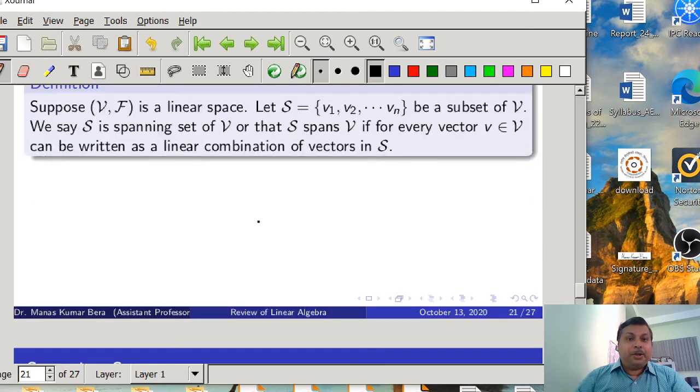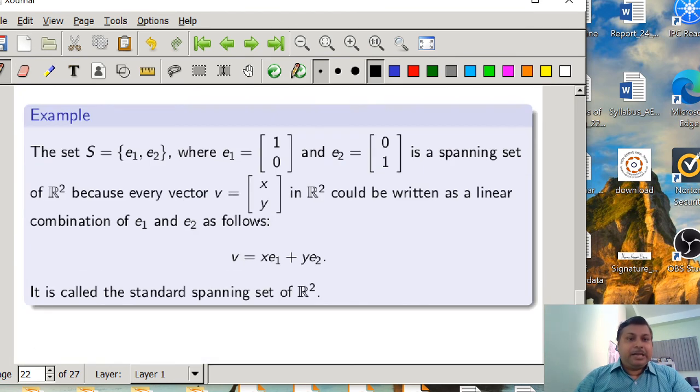Now, what would be an example of a spanning set? Suppose S is the set of e1 and e2, where e1 is (1, 0) and e2 is (0, 1). This is a spanning set of R2. Any vector you choose from the vector space R2 can be expressed as a linear combination of e1 and e2.